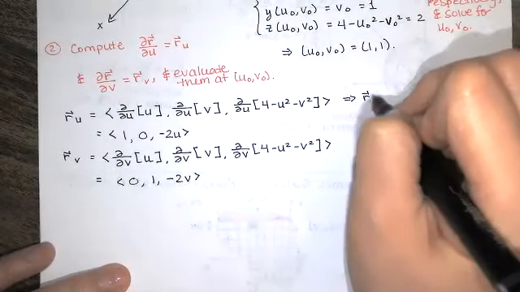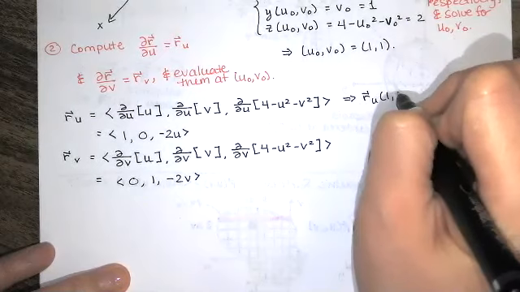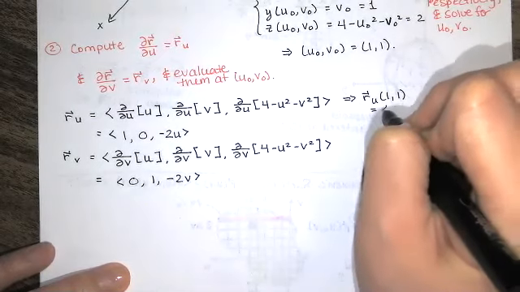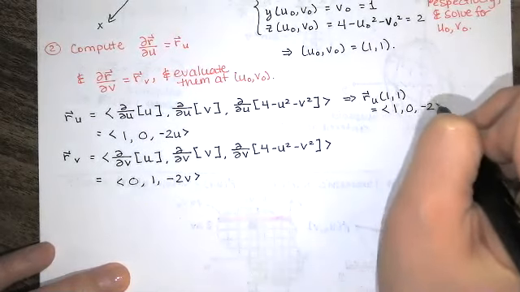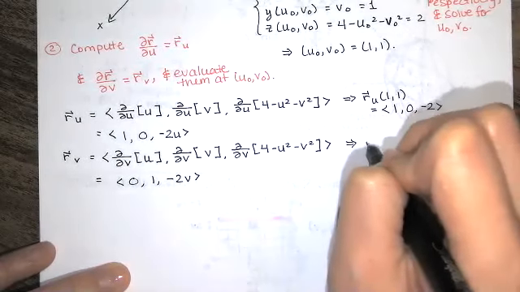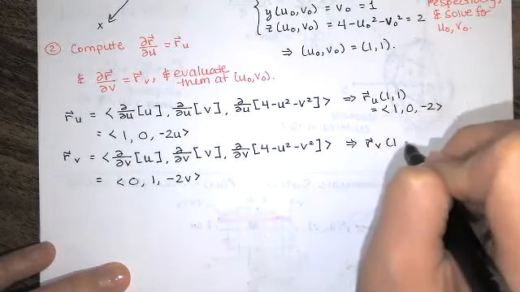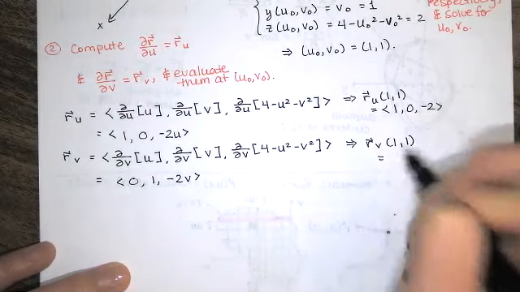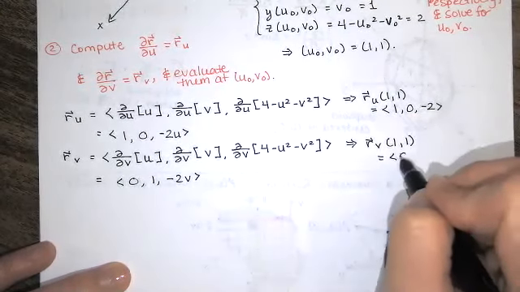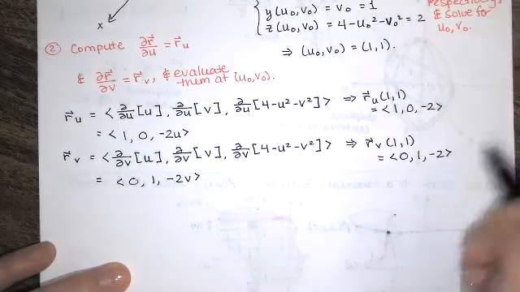So we have the partial of r with respect to u at 1, 1. That's 1, 0, negative 2. And then the partial of r with respect to v at 1, 1. If v is 1, we get 0, 1, negative 2.